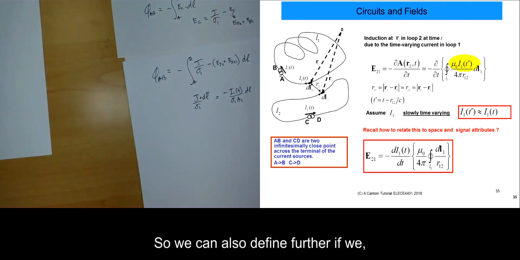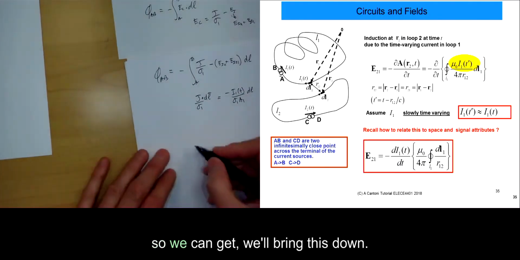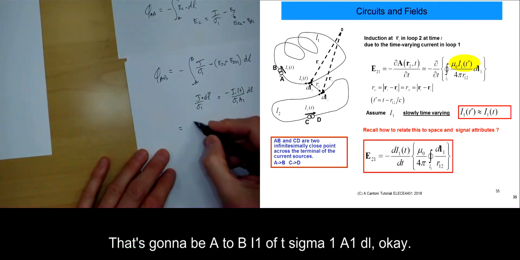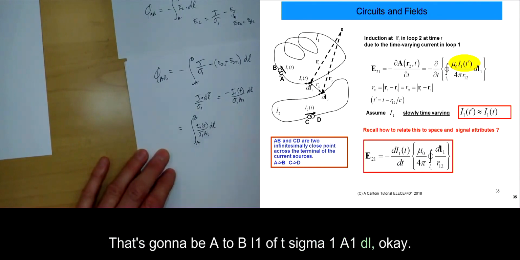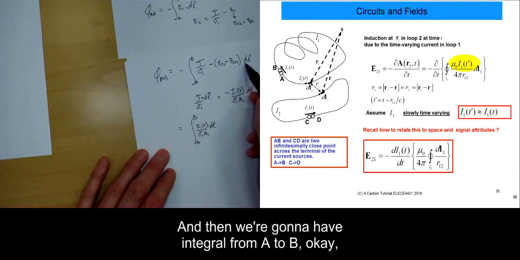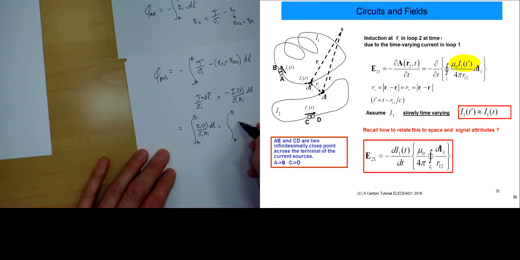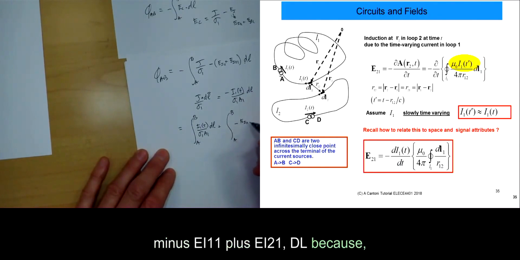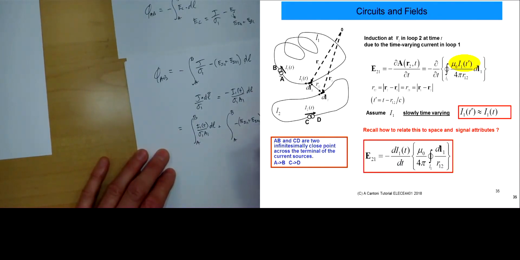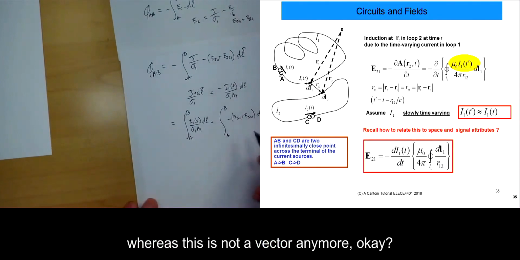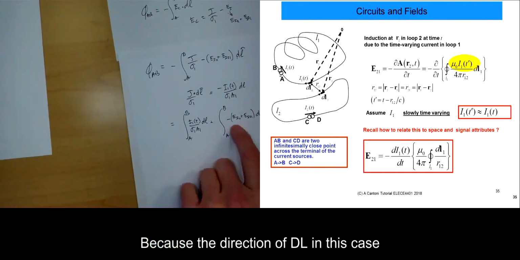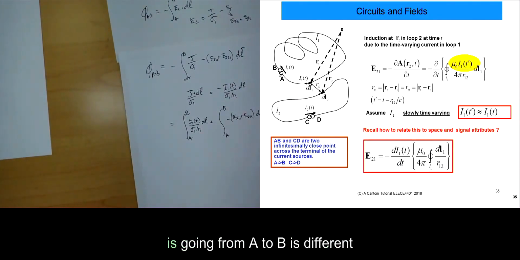So that's the integral from A to B of I1 of t on sigma 1 A1 DL, and then we have the integral from A to B of minus EI11 plus EI21 dot DL, because the direction of DL, going from A to B, is different from when we did the calculations for the electromotive force.